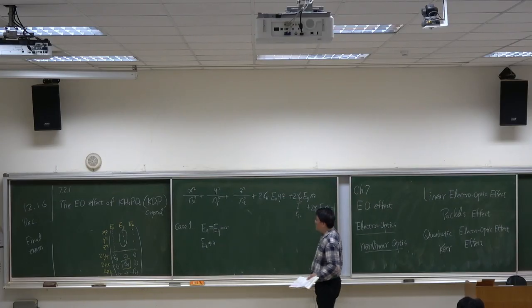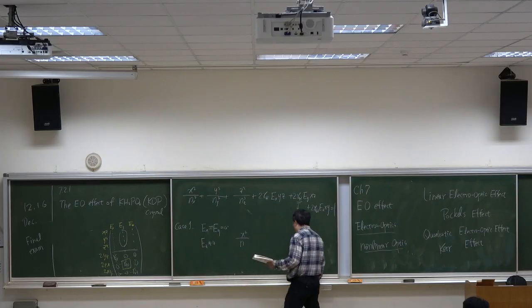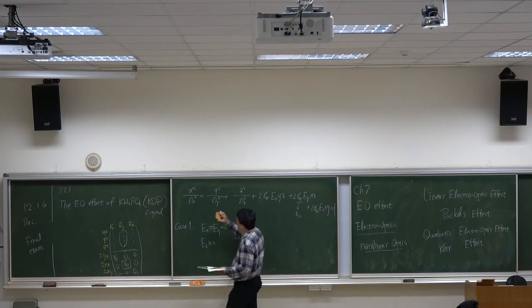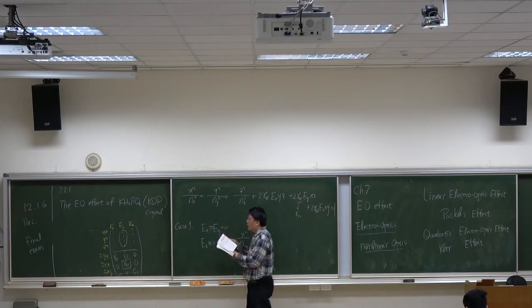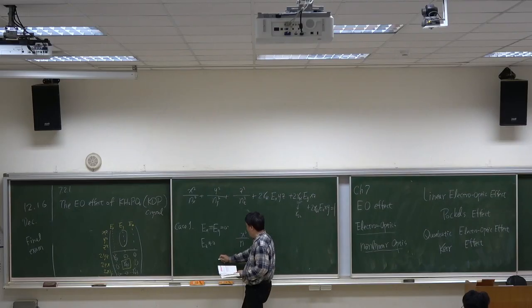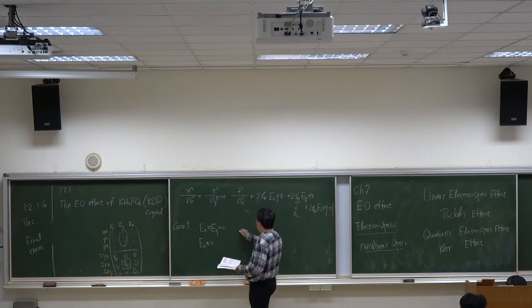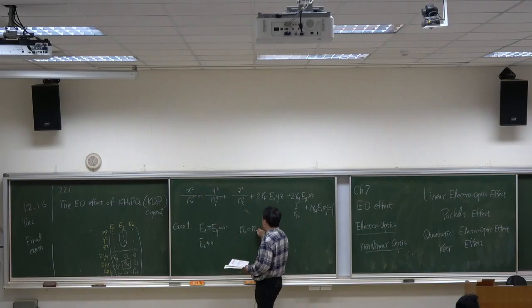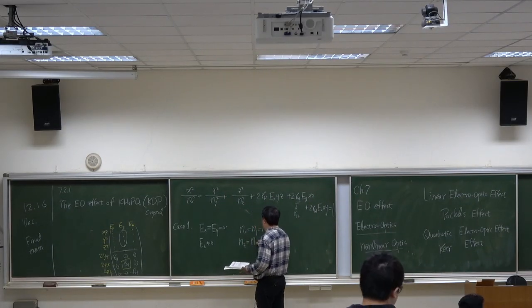Then under this assumption, the index ellipsoid becomes, for this uniaxial crystal, nx equal to ny equal to no, and nz equal to ne.